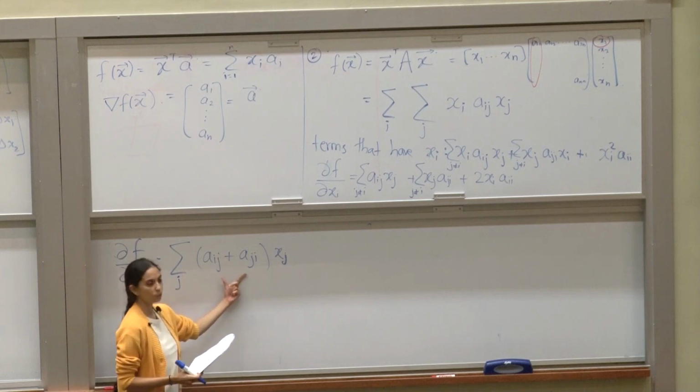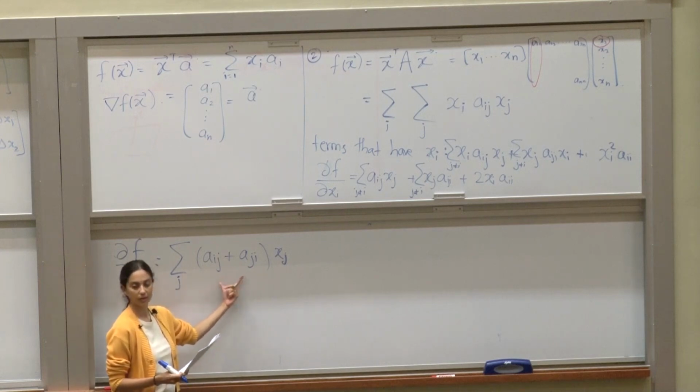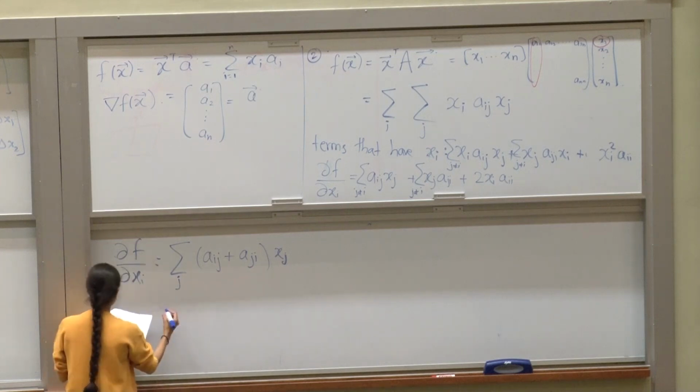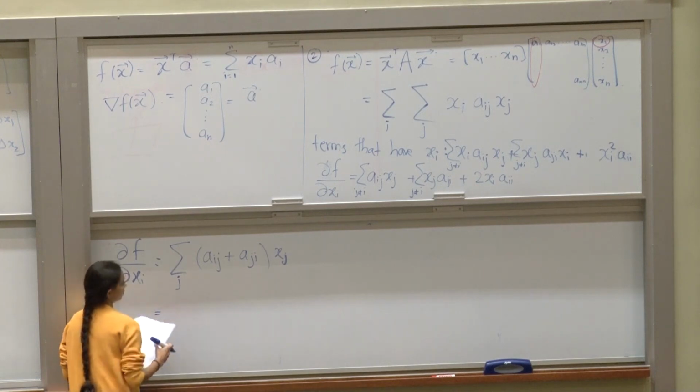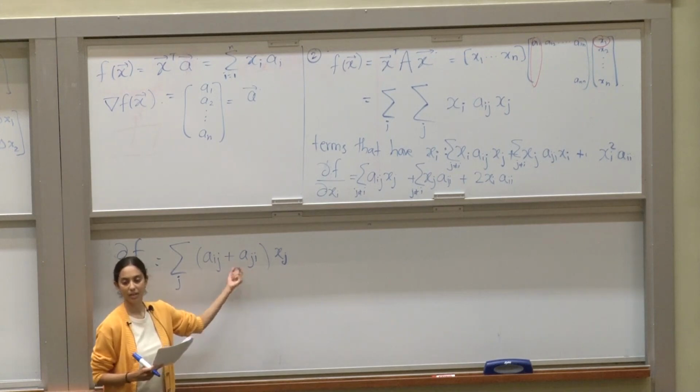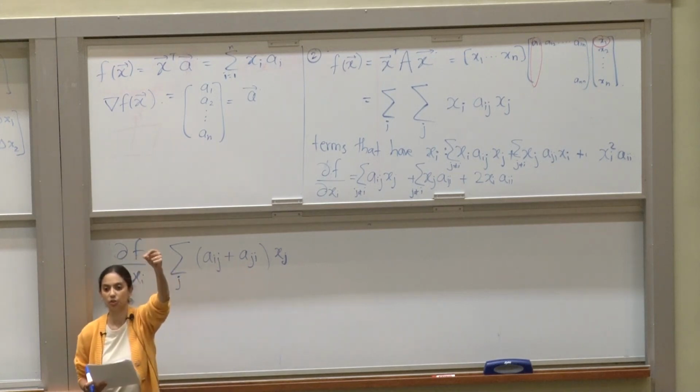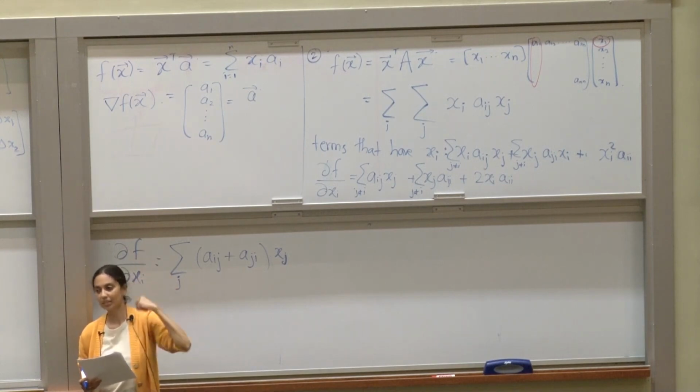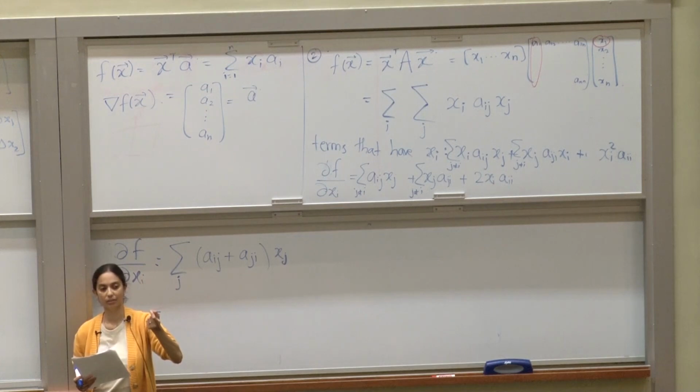So now what's a nice way of writing this out? Turns out I can write this concisely. I basically want to add everything to its reflection across the diagonal, right? What are things that connect reflections across the diagonal? What's a matrix that does this nicely? A and A transpose, right?